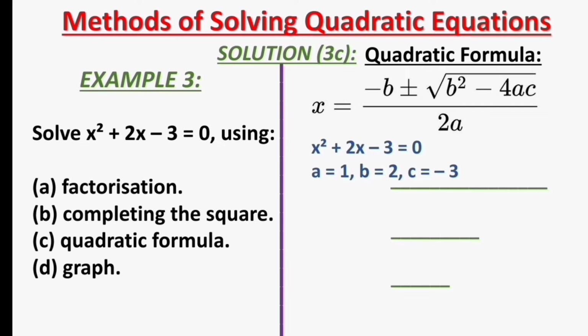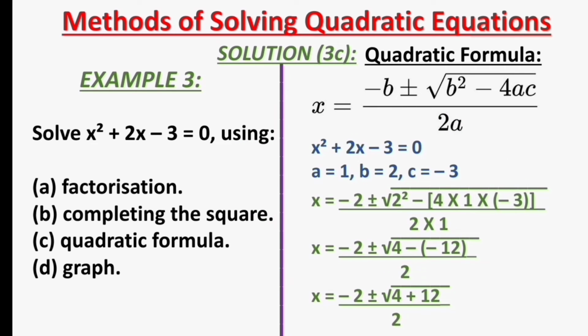From the question, a is the coefficient of x squared, which is 1, b is the coefficient of x, which is 2, while c is the constant term, which is minus 3. Now, substituting these values into your quadratic formula and solving, this is what you should get.